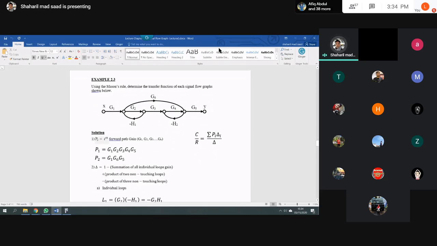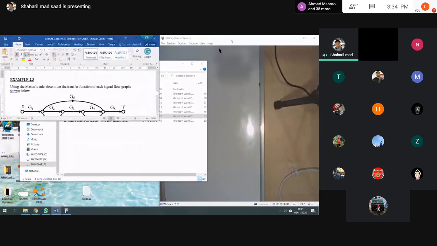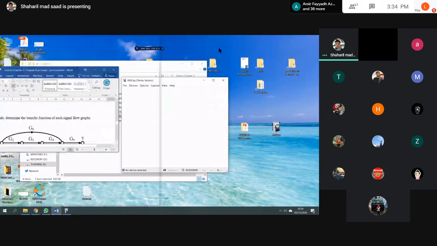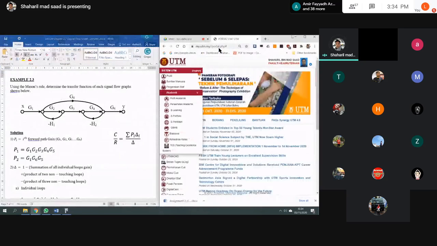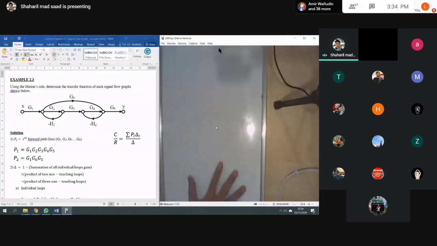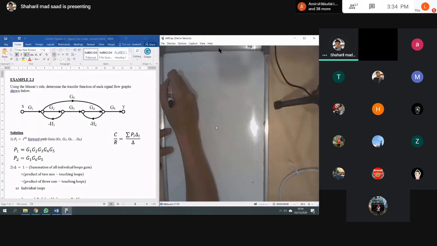Okay, first one, you need to find the forward path gain. In this case, the forward path gain will be like this one. So I need to draw it again.